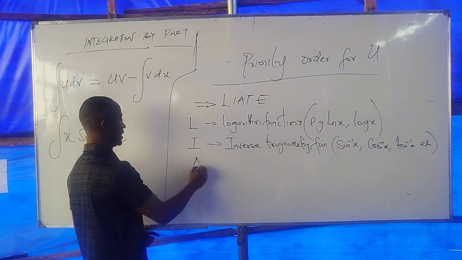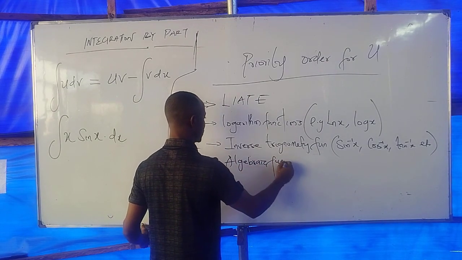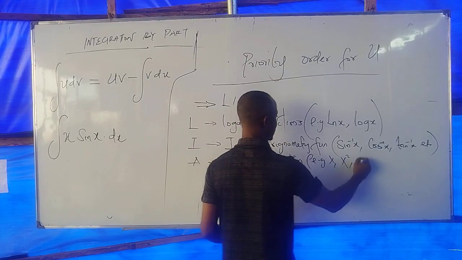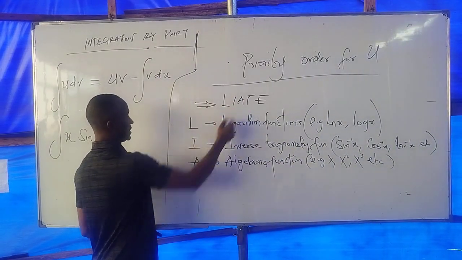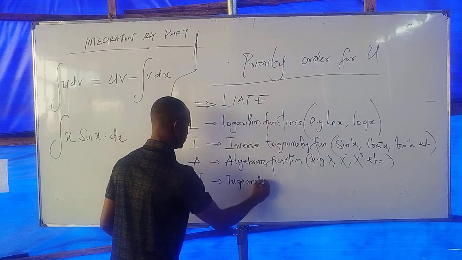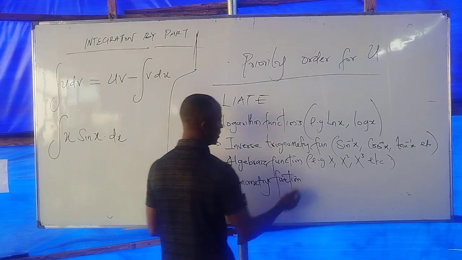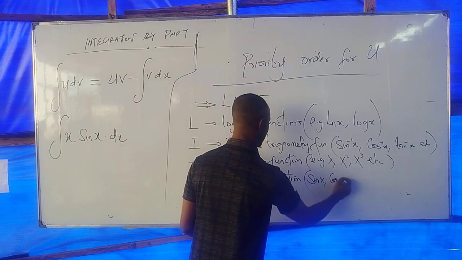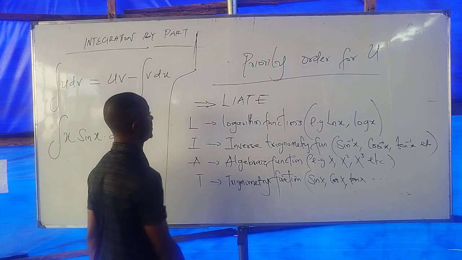The next one, A, represents algebraic functions. Give me an example of it: x, x squared, x cubed, etc. Then T represents trigonometric functions, like sin x, cos x, tan x, sec x, and so on.